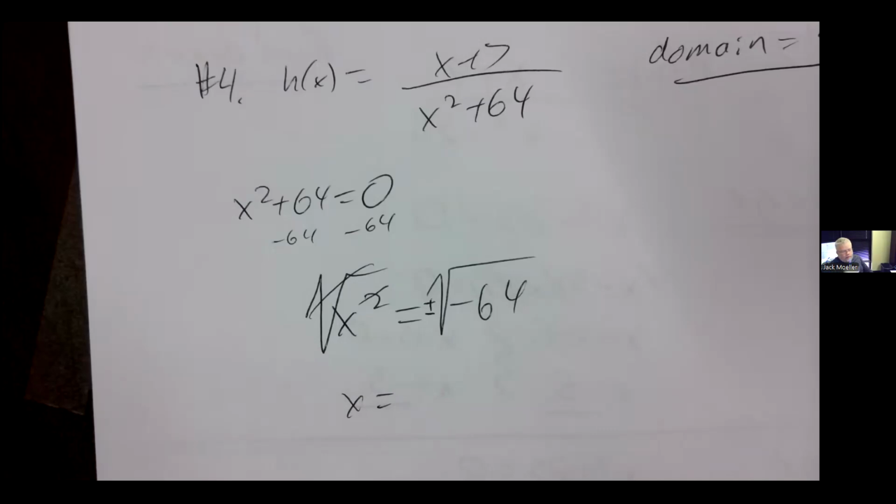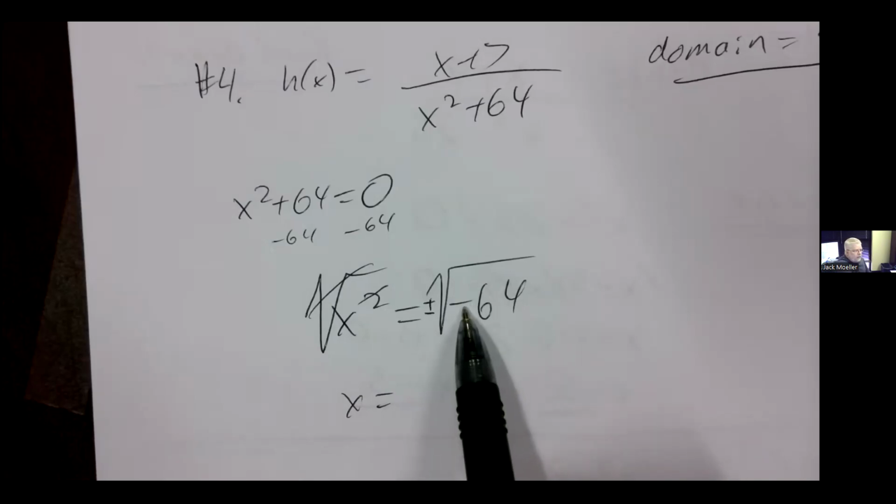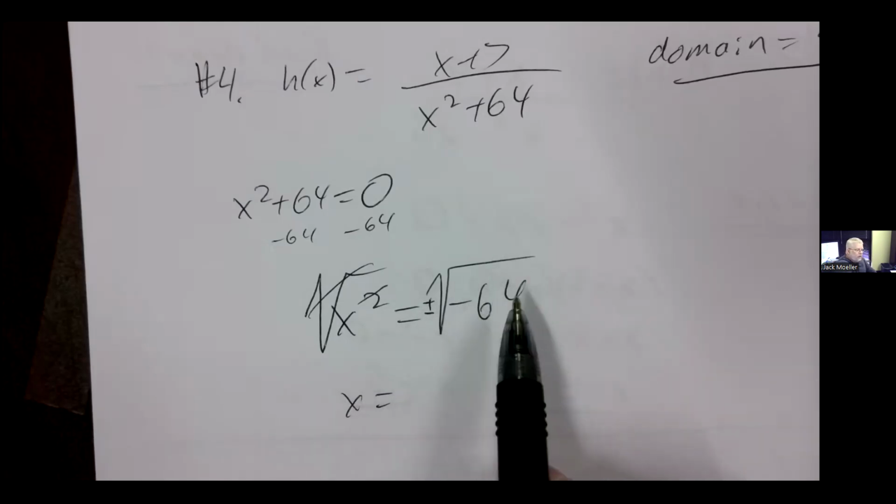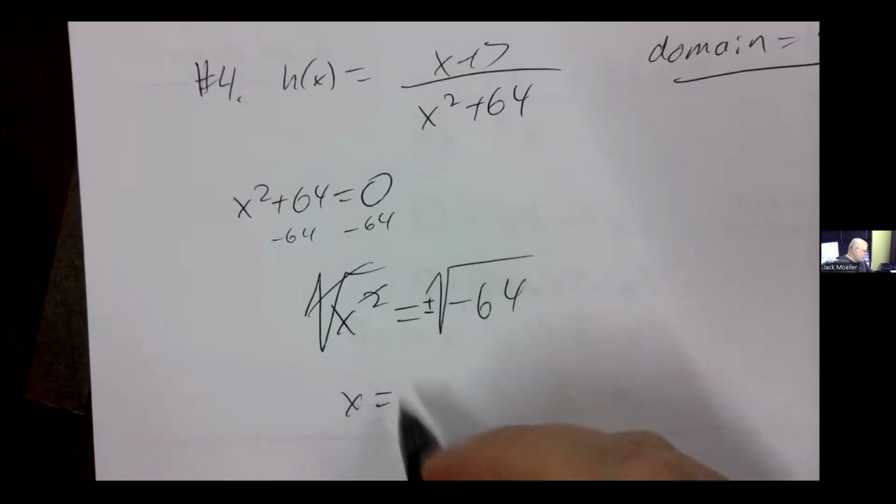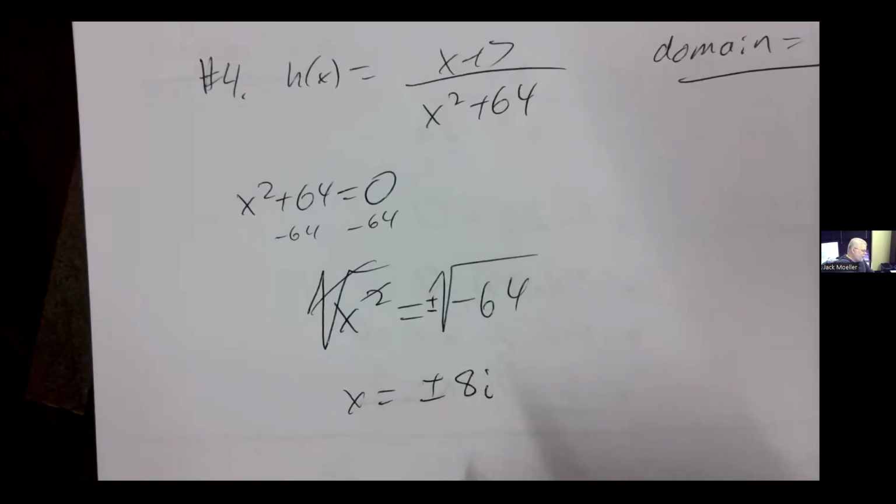In your calculator, it's giving you an error. Why? Because we can't take the square root of a negative number and get a real answer. So there's always going to be an i involved. The square root of 64 is 8, so it's plus or minus 8i. So what does that mean about the domain?